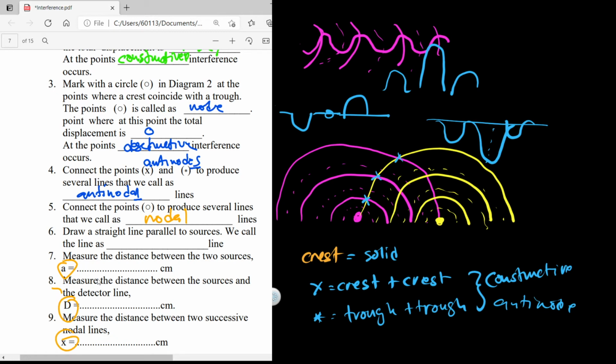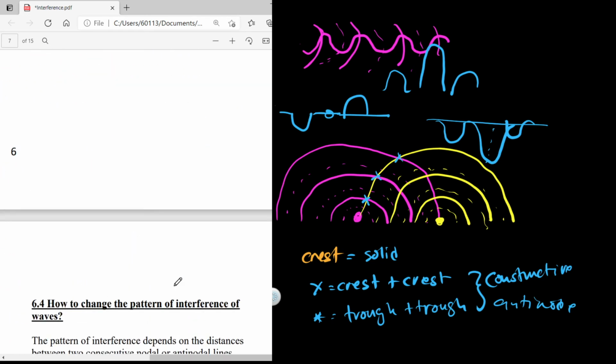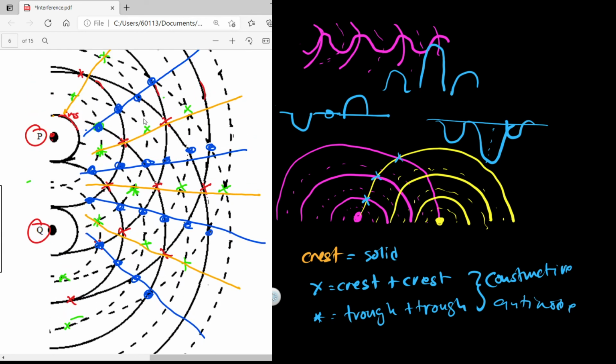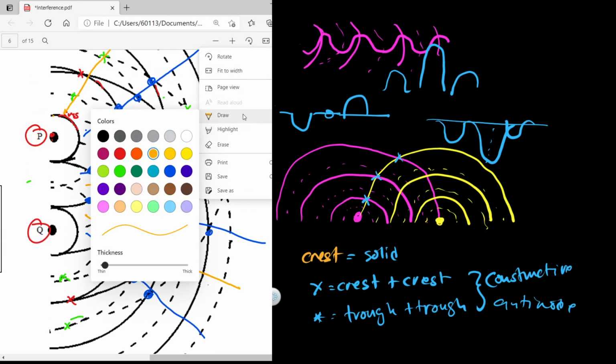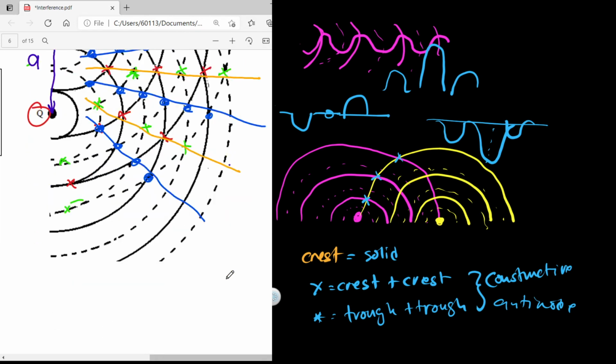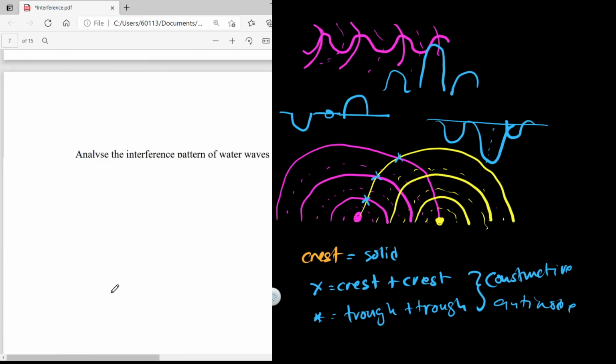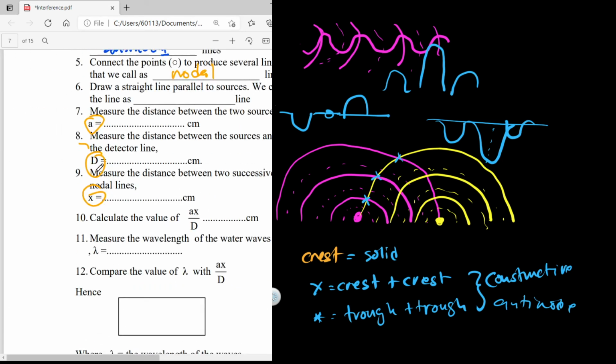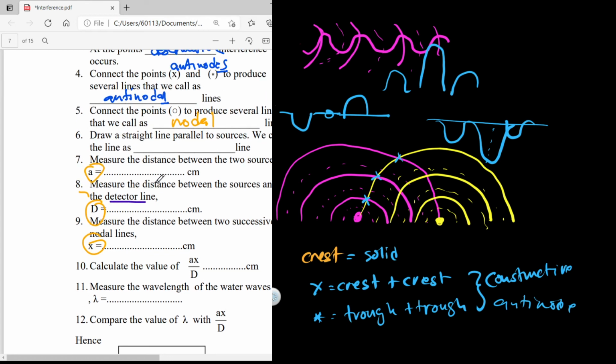What is A? For interference cases, A represents the distance between the two sources. So we have two sources, and A is the distance between the two sources. And then we have D, the distance between the sources and the detector line. Where is the detector line?